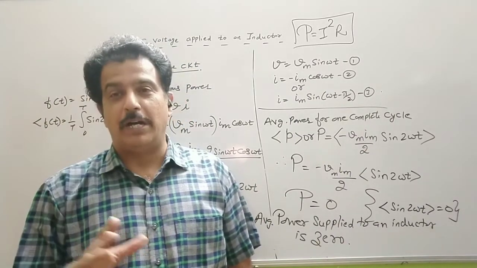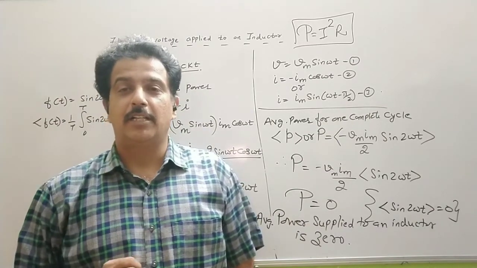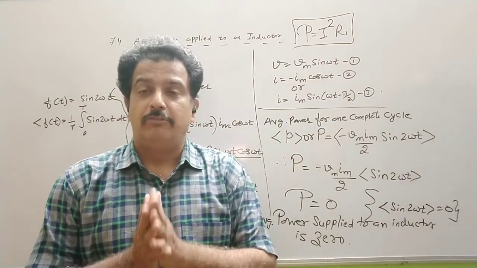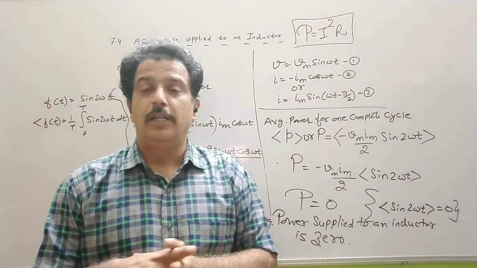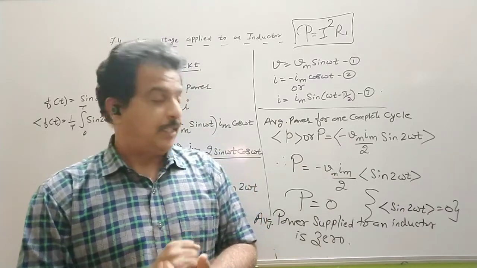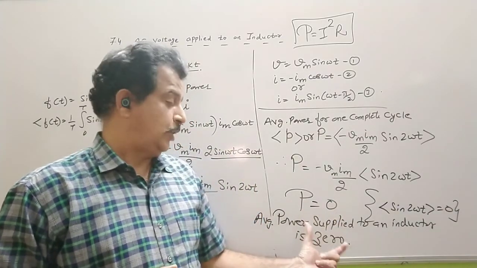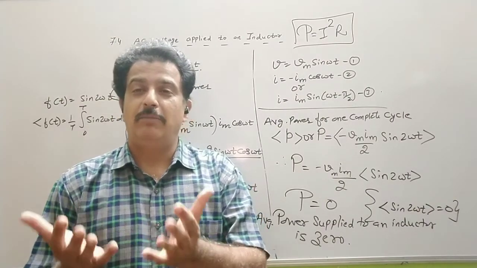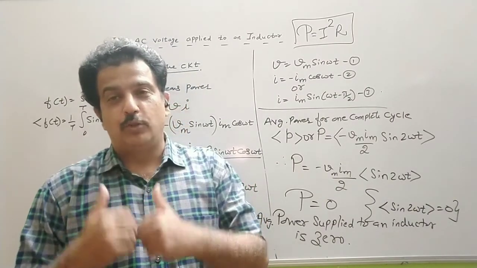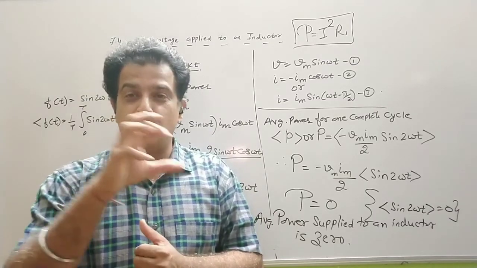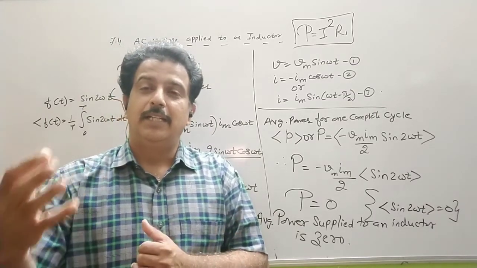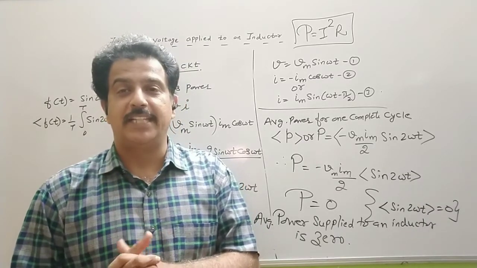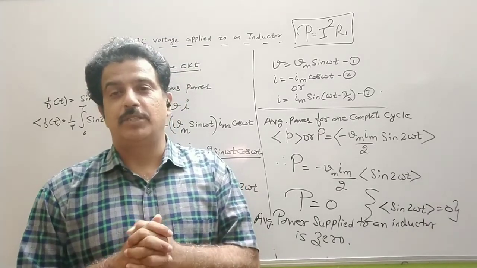So the average power for one complete cycle comes out to be 0, whereas in the case of resistance, we have a Joule heating effect, or the resistor consumes the power. Here power consumption is 0. So whatever power is given to an inductor, it will be returned back to the source. So there will be an absorption of the power, and the power will be returned back. And for one complete cycle, the average comes out to be 0.